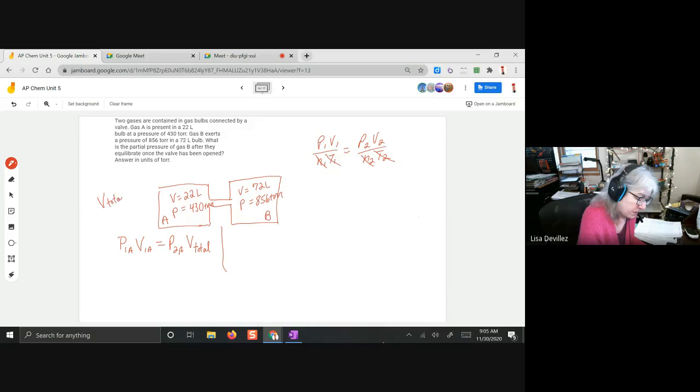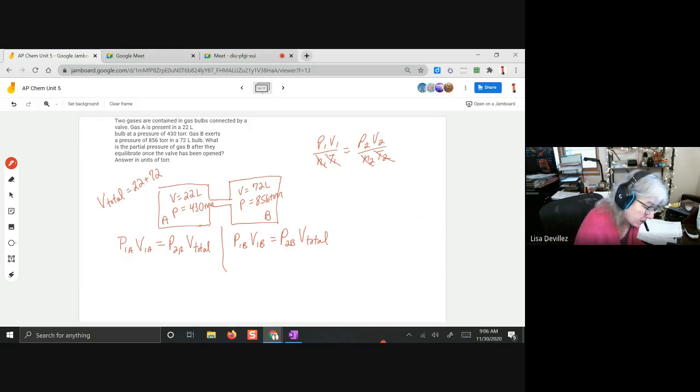V total, when I open the valve, is going to be the sum of the 2 volumes, 22 plus 72. Okay, and then you'll do the same thing for B. So P1B times V1B is equal to P2B times V total.